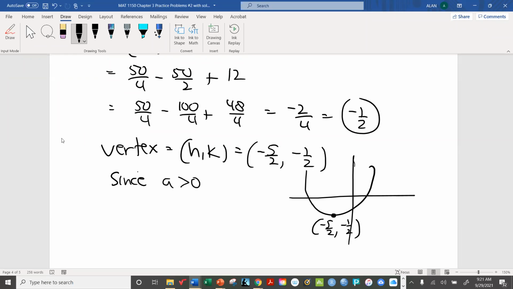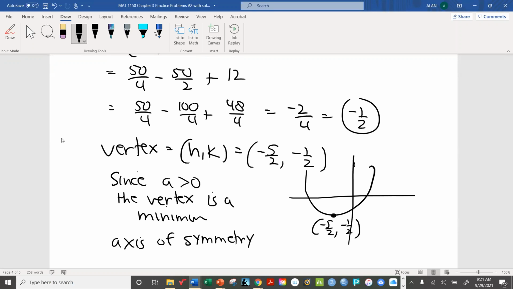Now it doesn't ask for this, by the way, but the vertex is a minimum. And then, of course, the axis of symmetry is just x equals -5/2. In other words, visualize a straight line coming through this vertex. So that's all you needed to do: the vertex and the axis of symmetry.